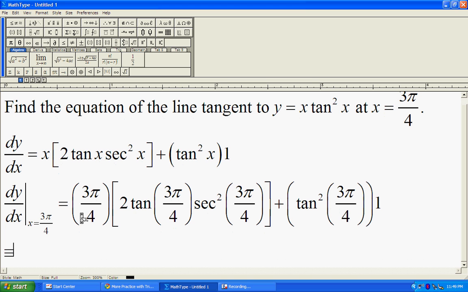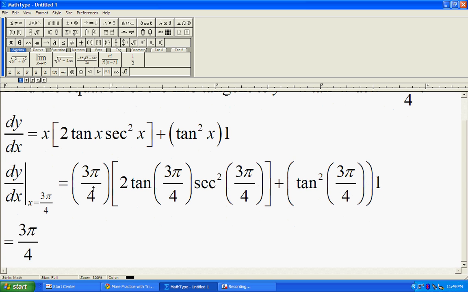Alright, so now the rest is just simplifying. So we'd end up with 3 pi over 4 times 2. Tan of 3 pi over 4 is -1.